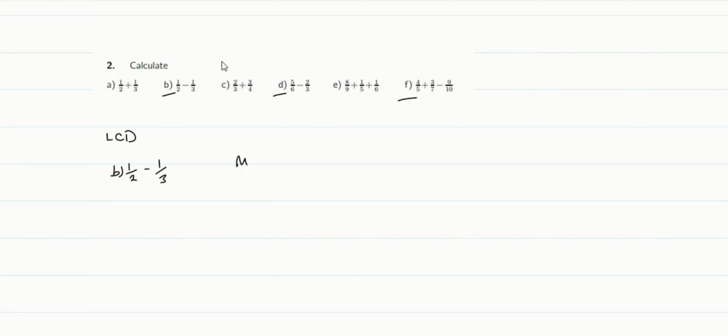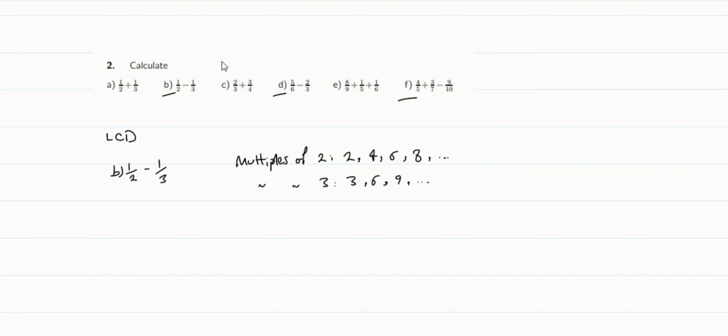So the multiples of 2 are 2 itself, 4, 6, 8, and so on. And the multiples of 3 would be 3, 6, 9, and so on.